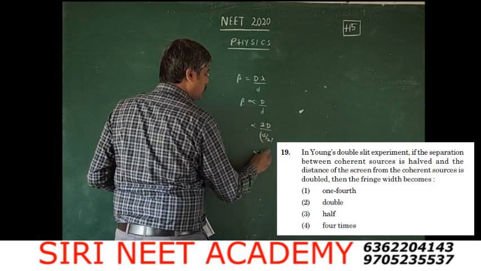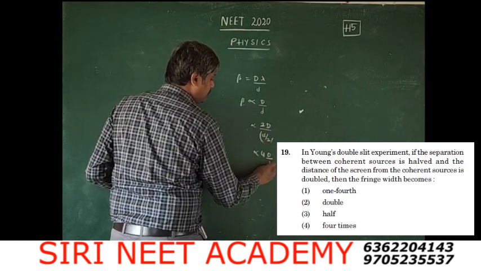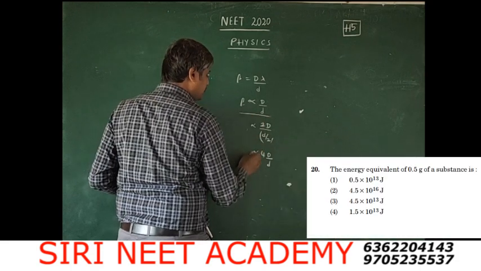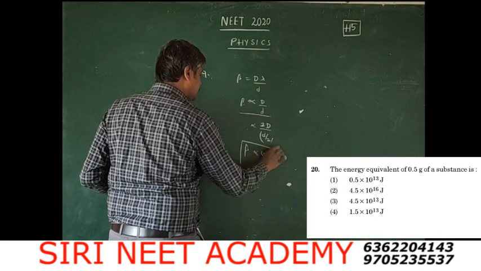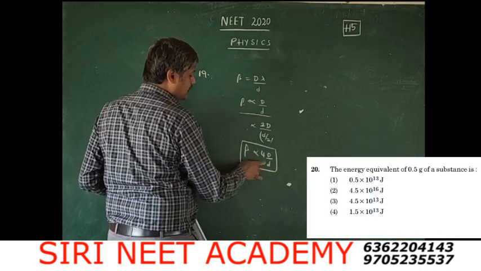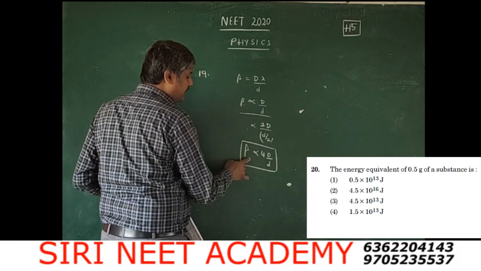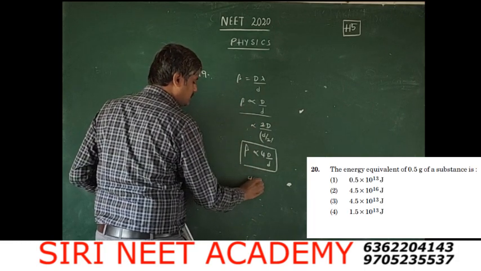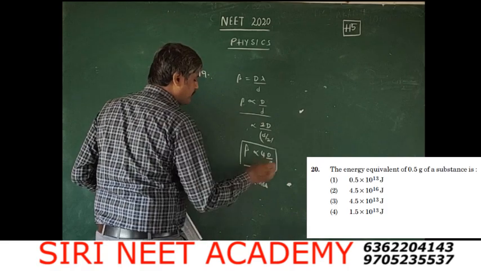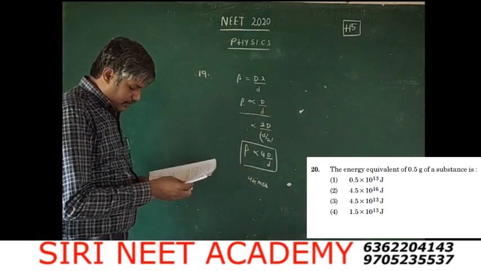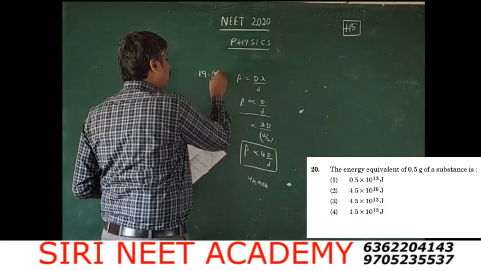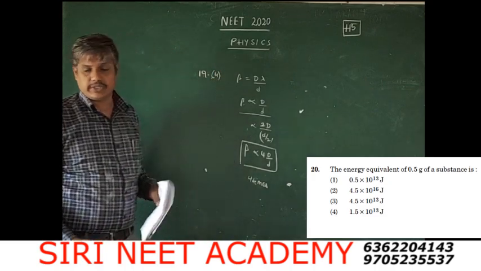So that is 4 times of d by D. So this is the first case and this is the second case. So you can see that the beta has been increased by 4 times. The fringe width increased by 4 times. So option will be 4th option to this question.